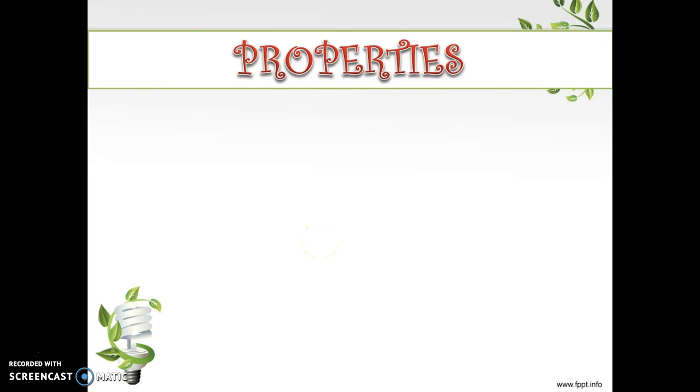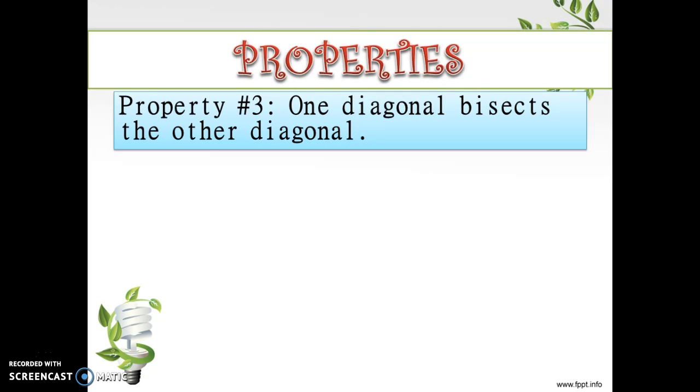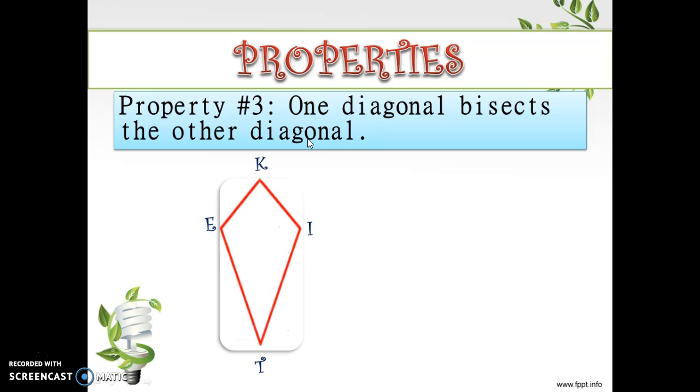And the next property states that one diagonal bisects the other diagonal. When we say bisects, it divides the other diagonal into two equal parts. So we have, let's say, diagonal KT bisects diagonal EI.